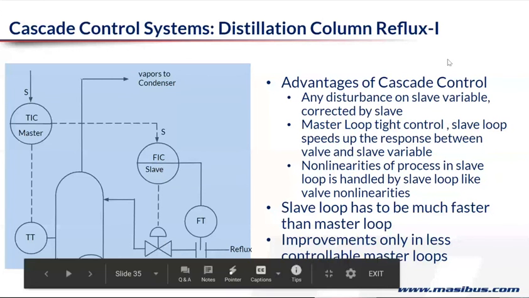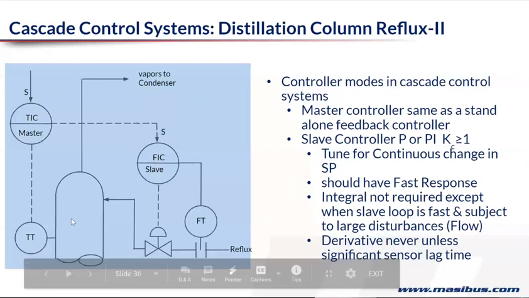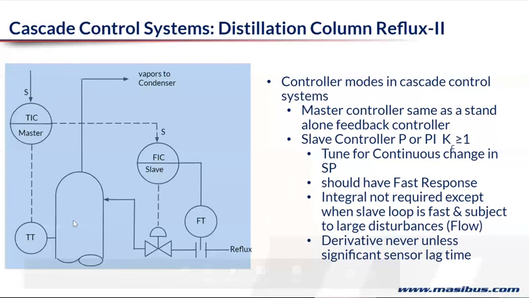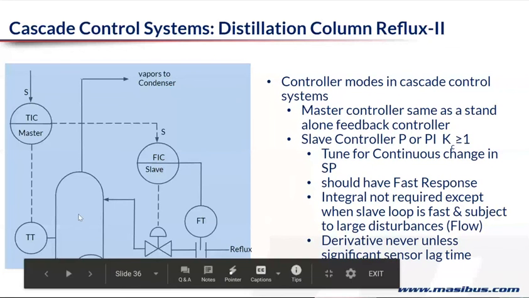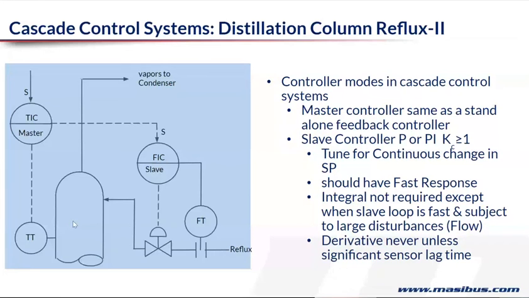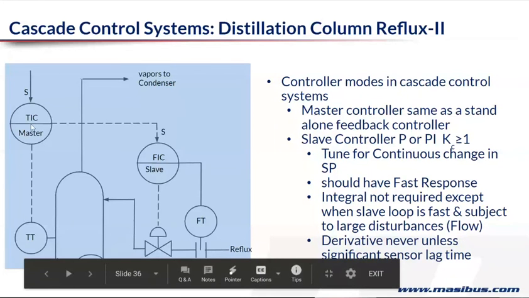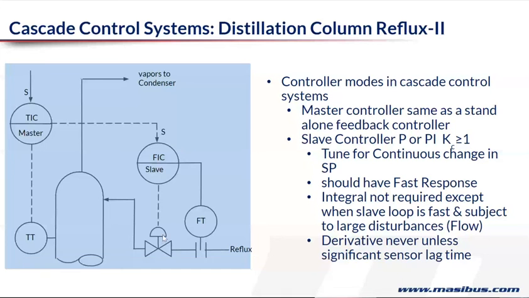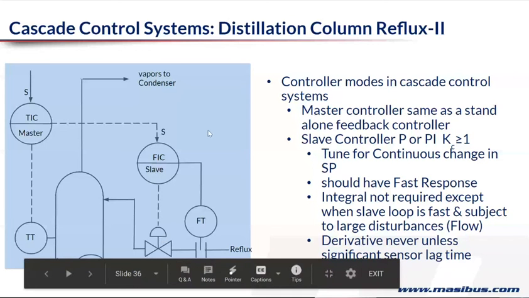So in this example, if you see, our point of interest is to control the temperature in this distillation column. Now I could have used the output of this master controller to control this control valve, and it would be a simple feedback PID control.